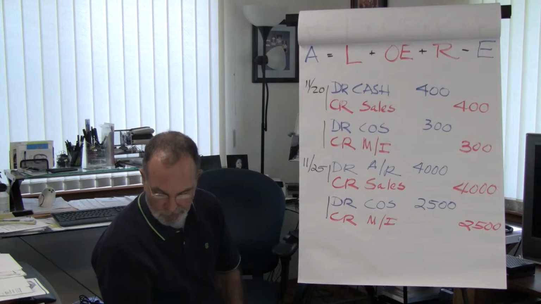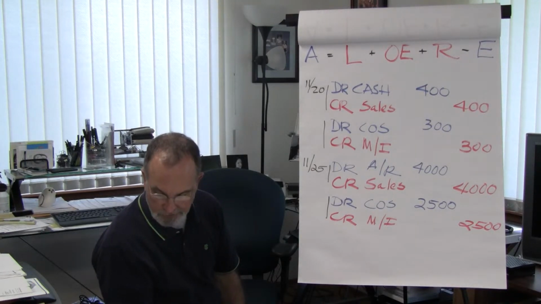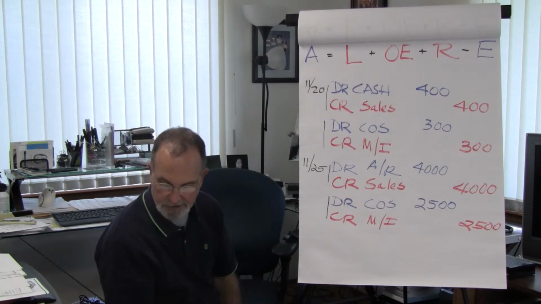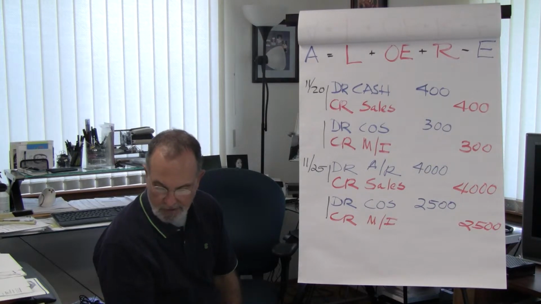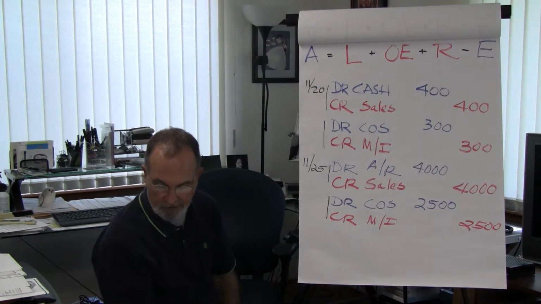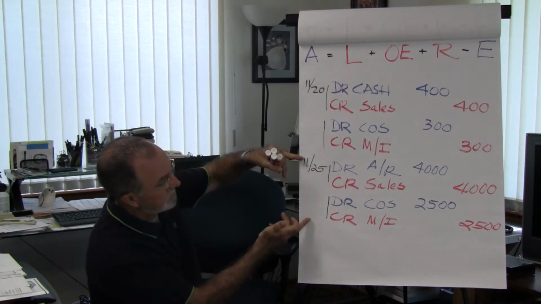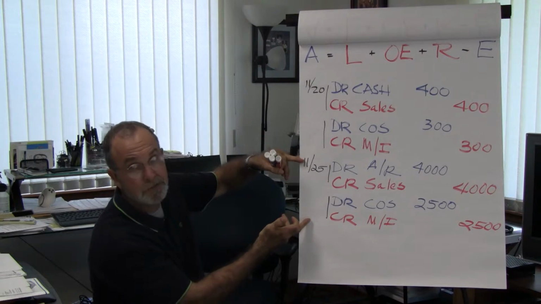Okay, on November 28th, in this transaction we sold again identical items of merchandise to Nancy's Gym at a selling price of $6,000. Terms 3/10, net 30. Cost of the goods sold was $4,000. Now this transaction is basically the same as the one we just recorded.